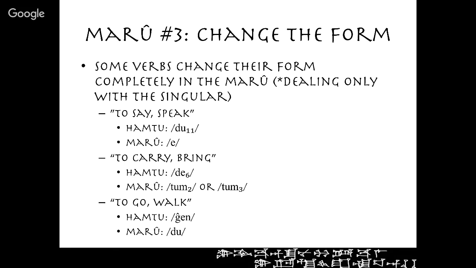I remember that's something about changing the verb. What is it?" And you'll flip back into my grammar or into whatever grammar that you're using. And you go, "Oh, yeah, an E on the end. That's how they form the Marû. That's the present future." And then you'll translate it. Eventually, you'll just remember all this stuff if you do Sumerian long enough. But for now, just be aware of these things. Go back through the lesson a number of times. Just familiarize yourself with it. And it'll make translation a lot easier.